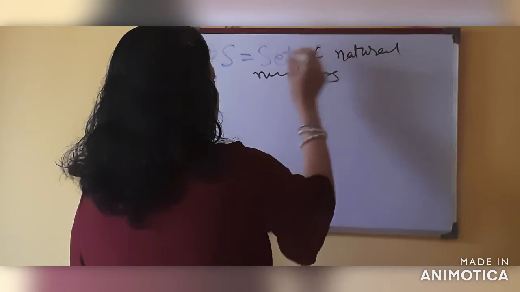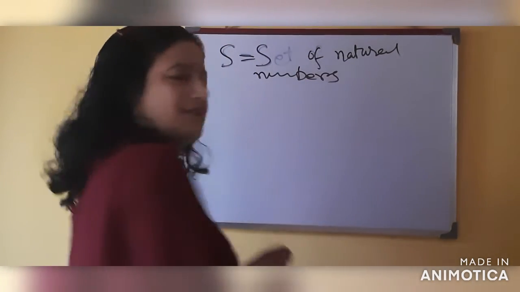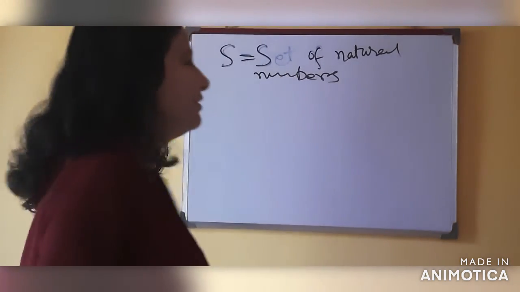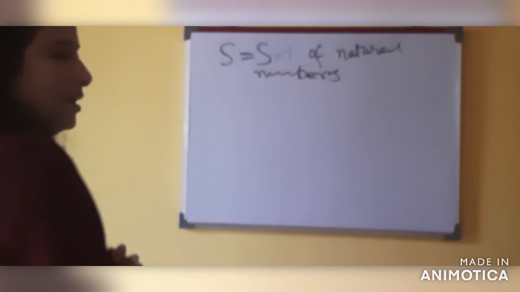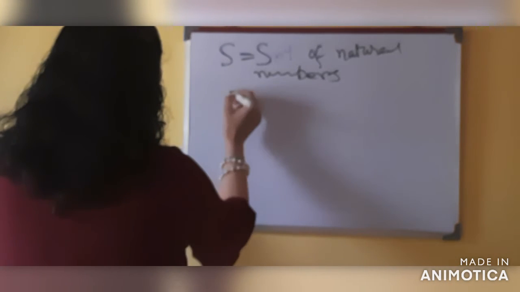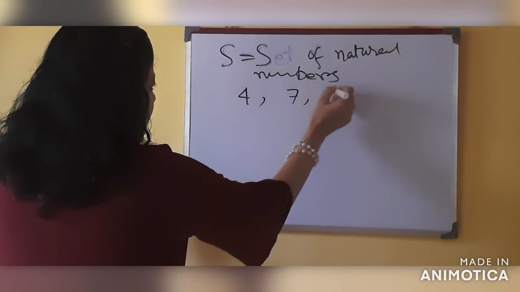Generally, the set of natural numbers is denoted by capital N, but it's okay for you. So now we will take any three elements from this set. Suppose I'm taking 4, 7, 11.